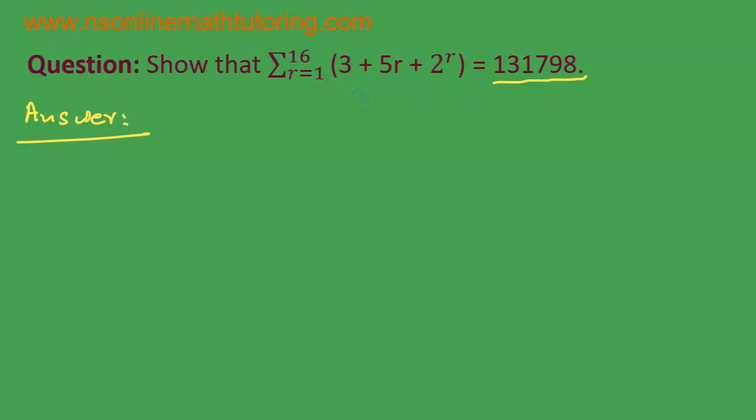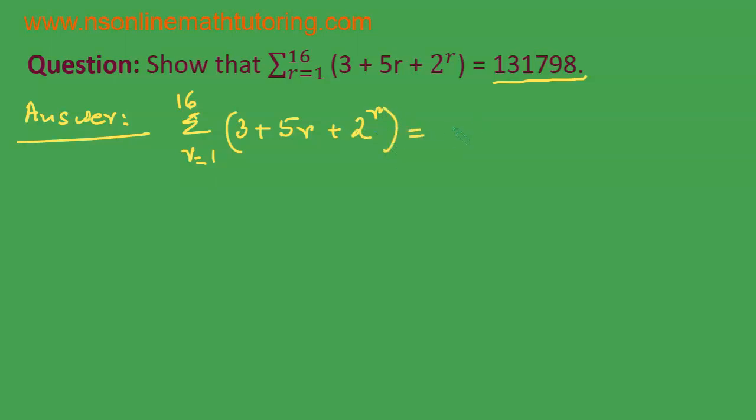First property that I'll be using is separating the three terms. So first of all, let me write the question. Sigma r equal to 1 to 16 of 3 plus 5r plus 2 raised to the power of r.